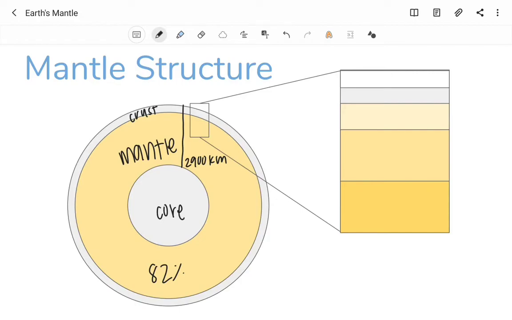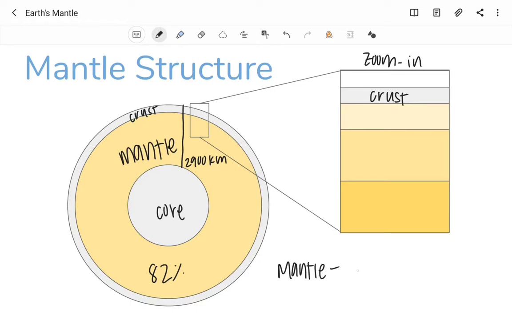Now, turning our attention to this zoomed-in version, we can start taking a look at the specific properties of Earth's mantle. So of course we have the crust here in gray, and the remaining three orange layers are a part of the mantle. Now, how can we tell the crust apart from the mantle? Well, the reason we can transition into a mantle is because the mantle has a different composition.